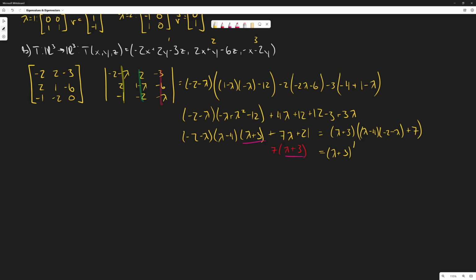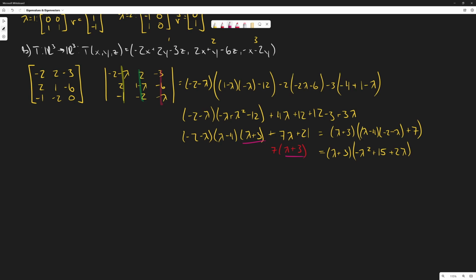And then this becomes negative lambda squared plus 8 plus 7, which would be plus 15. And then this would be negative 4. No. This would be 4 minus 2, but plus 2 lambda.